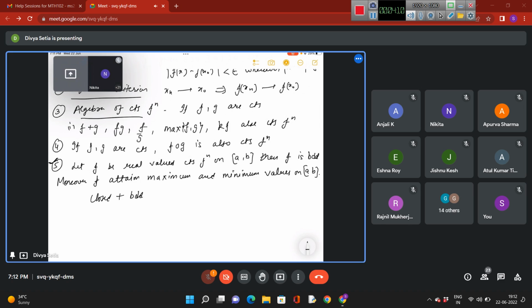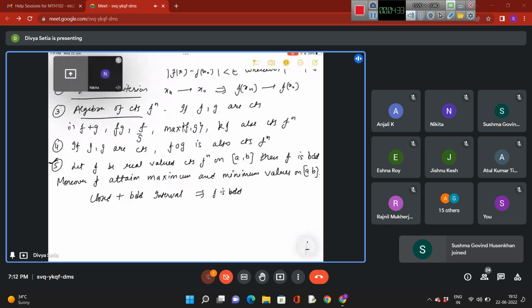If one of the conditions is not there, then we cannot say f is bounded. That's why closed and bounded interval. This will imply f is bounded.